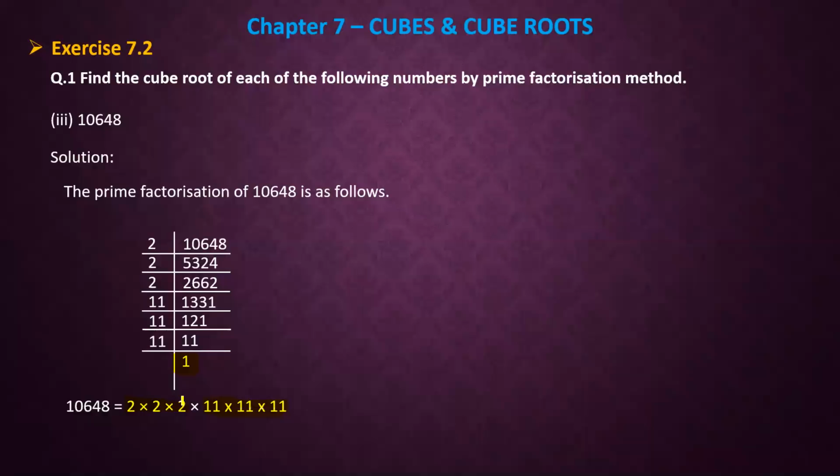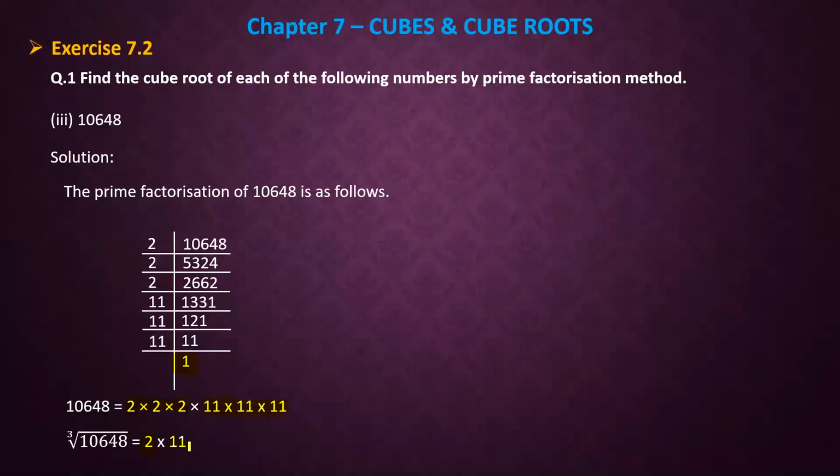So here both the prime factors are in triplets. If you observe it carefully, both the prime factors are in the form of triplets. So obviously this number is going to be a perfect cube number. And in order to find out the cube root, we are going to take one prime factor from each triplet. So from the first triplet, we had taken 2.